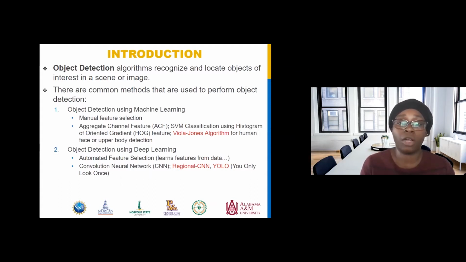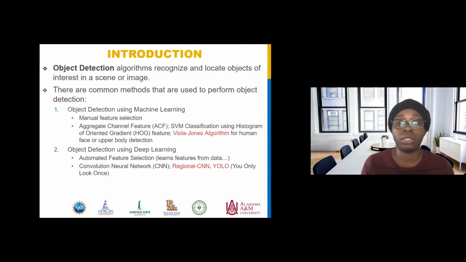Object detection algorithms will recognize and locate objects, with areas of interest selected based on the algorithm. There are 2 ways these are performed. Object detection using machine learning: machine learning is explicitly coded because it's a manual selection.